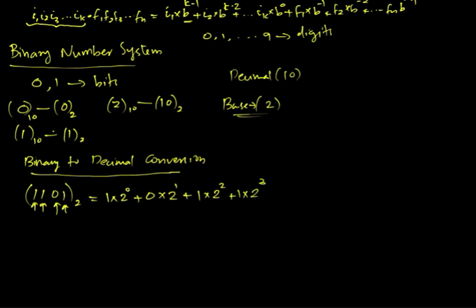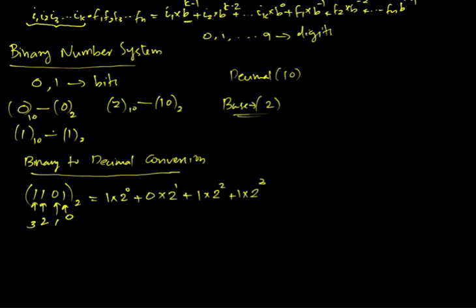That means the first bit from the right will have a weight of 2 raised to 0. The second bit from the right will have a weight of 2 raised to 1, the third bit from the right will have a weight of 2 raised to 2, and the fourth bit from the right will have a weight of 2 raised to 3, and so on.